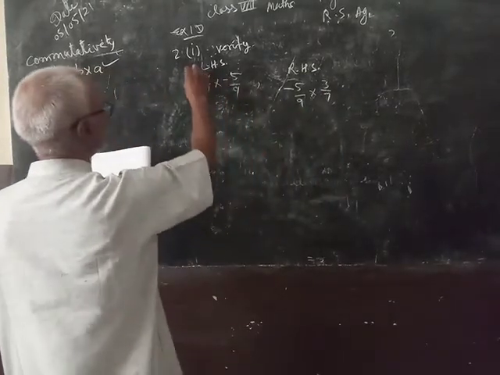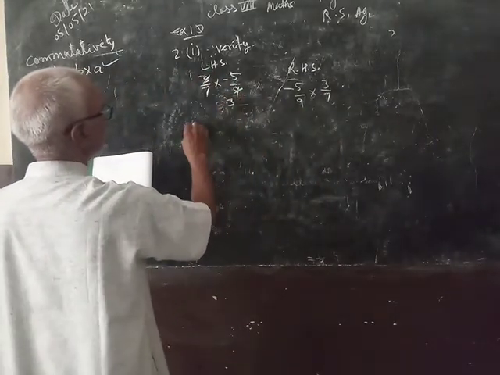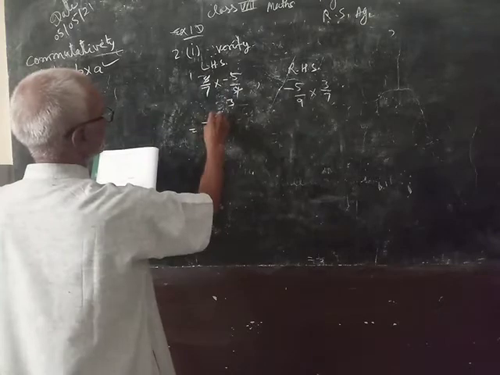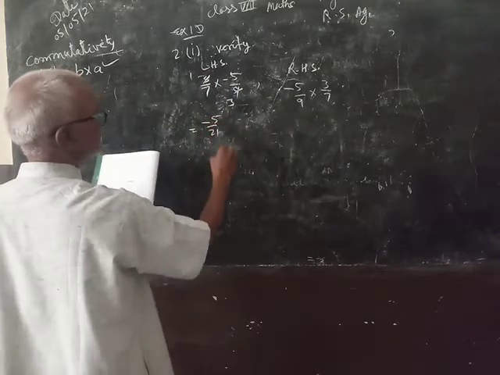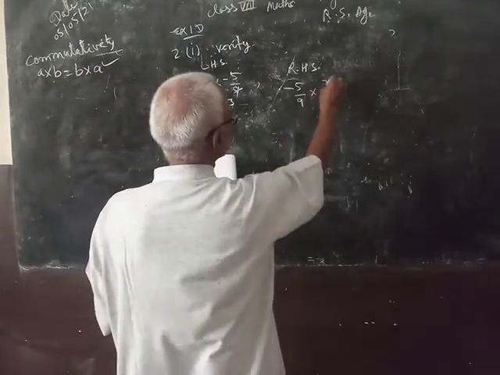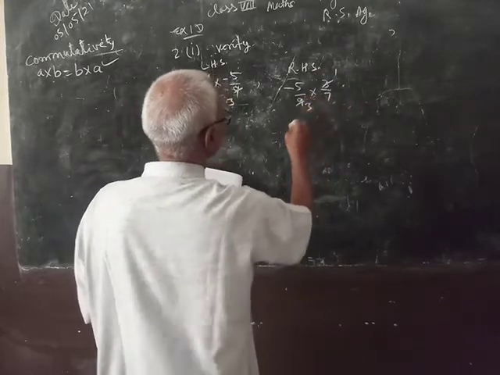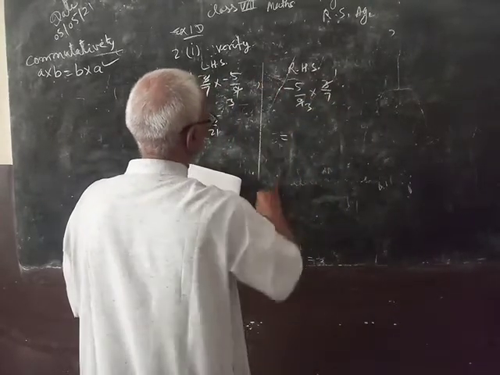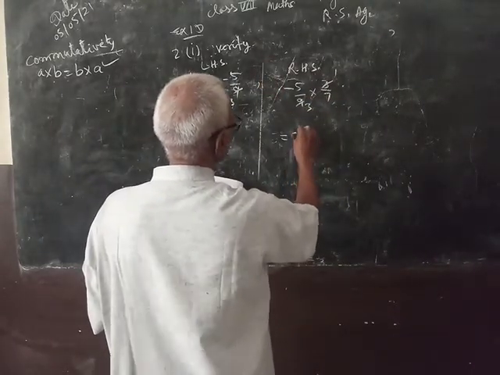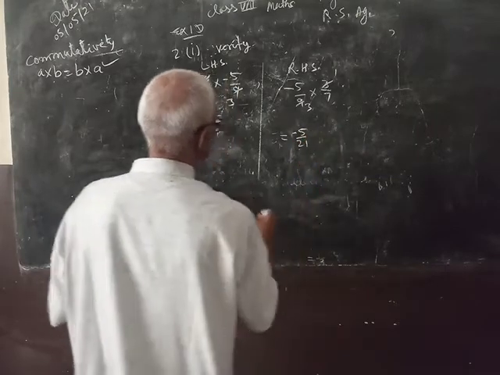But here 3 1 ja, 3 3 ja. So the left hand side becomes minus 5 by 21. And here also, 3 1 ja, 3 3 ja, and the right hand side becomes minus 5 by 21.